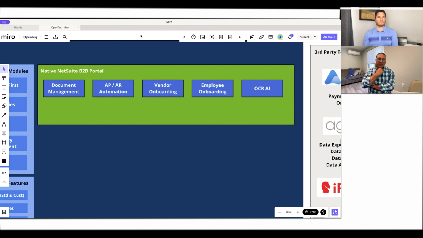And having these workflows natively in the suite, through this industry activation for franchises, really enables franchises to get live on NetSuite quickly, but also enables the franchises to get a lot more control over the workflows for dealing with their vendors as well as their employees, which is always important.